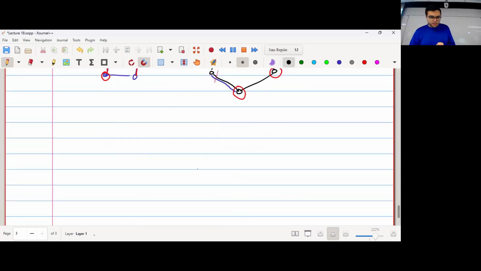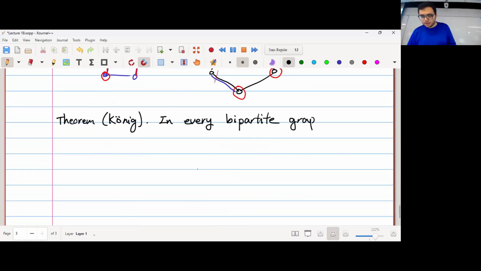This is the theorem of Koenig. It says in every bipartite graph G, minimum vertex cover is equal to maximum matching.